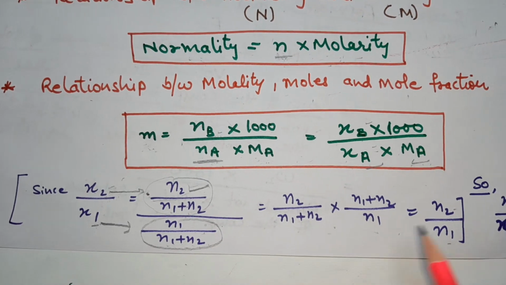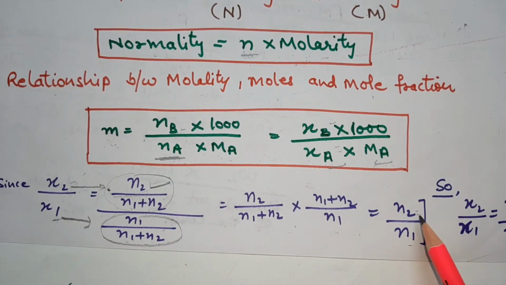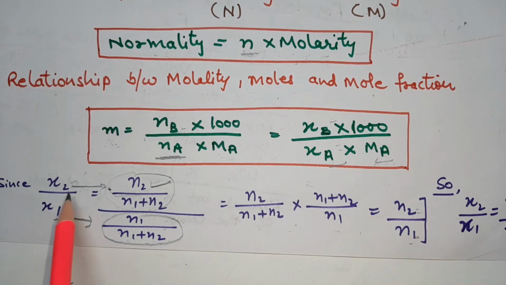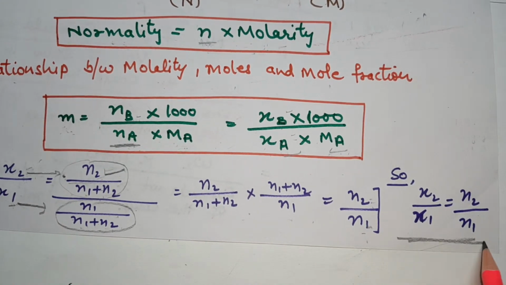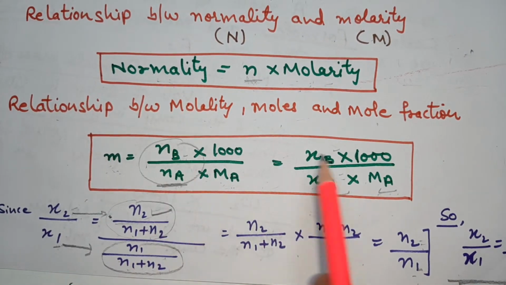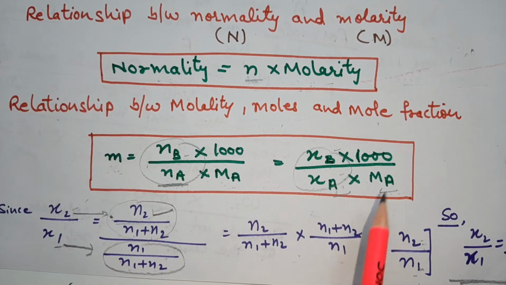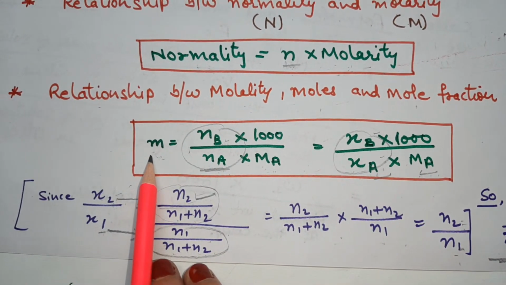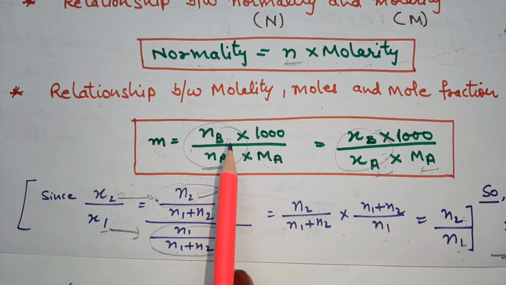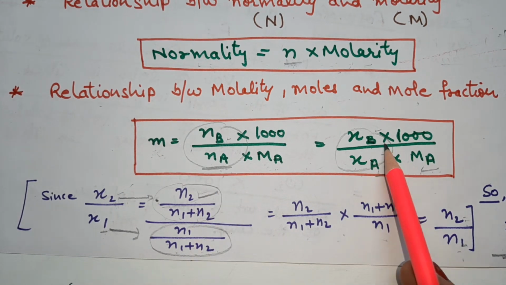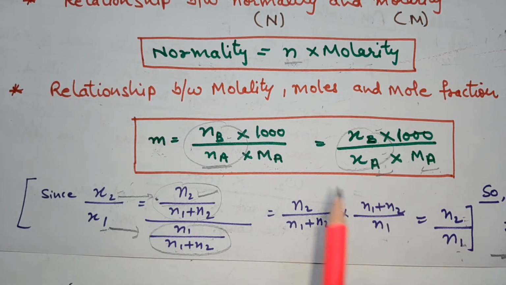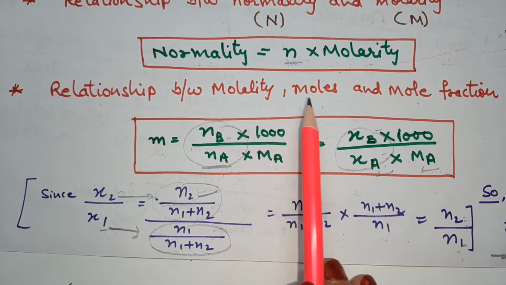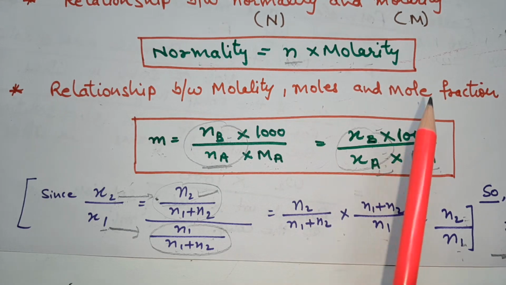Simplifying, X2 upon X1 becomes equal to N2 upon N1. So this becomes equal, and we can replace this term with this. In both ways we can calculate molality, if the number of moles of solute and solvent are given, or the mole fraction of solute and solvent are given. So this is the relationship between molality, moles and mole fraction.